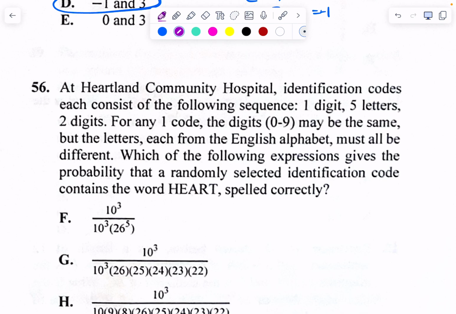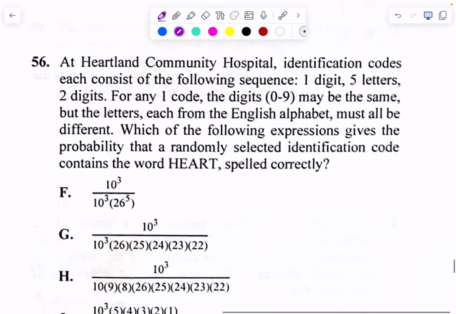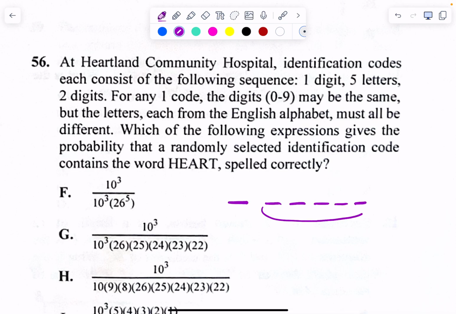1 digit, 5 letters, 2 digits. That's disgusting. Okay, for any one code, the digits 0 through 9 may be the same. So there's 10 numbers that could be here, and 10 numbers that could be here. Those are my digits.